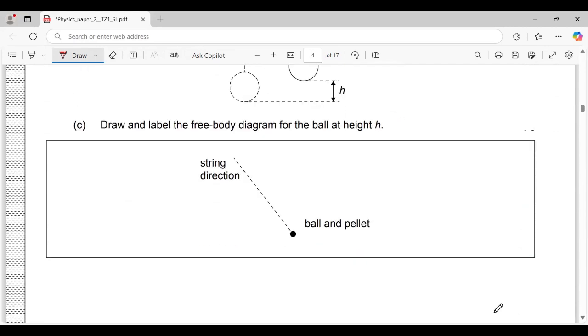So this is the tension's direction, upwards, this is the tension, while the weight is downwards.